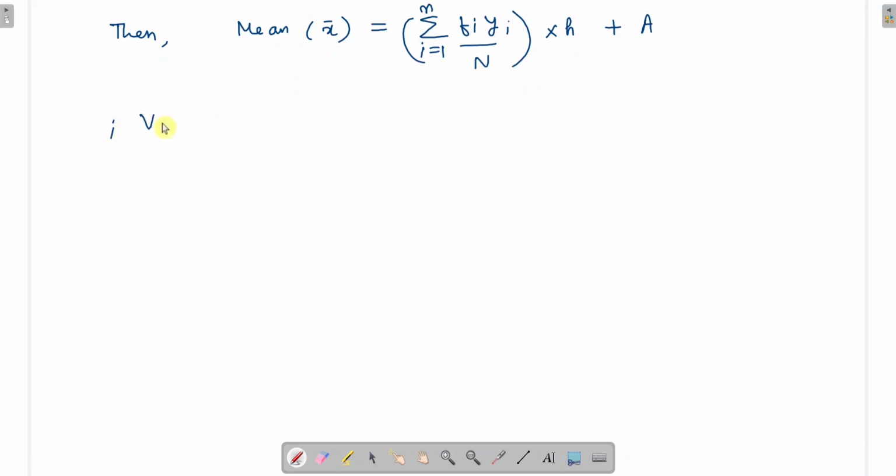There is a proof for the variance formula, but that we will not do. I will directly write the formula.